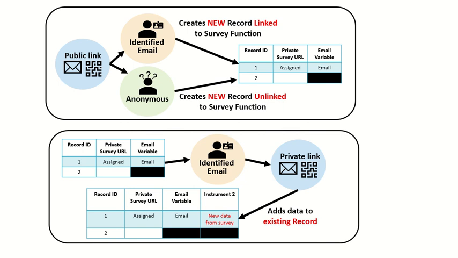My other option is to have it set anonymously. So a record goes out, maybe it's placed on a flyer. I don't know who the person is that clicks the link. They click the link, they create the next record down. In this particular case, because they came in through the survey, there is no linkage that has occurred.